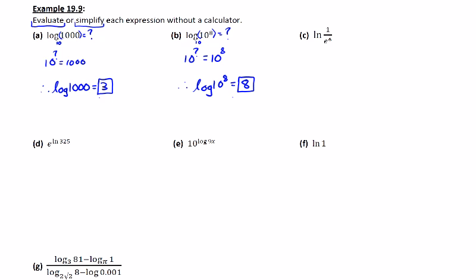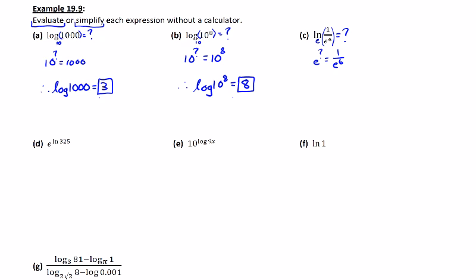Part C, we have the natural log of 1 over e to the 6. 1 over e to the 6 represents the argument, but there is also an implied e for the base of this natural log. So when I set this equal to my question mark, I'm going to use the base e, the question mark will be my exponent, and then 1 over e to the 6 is going to represent my argument there.